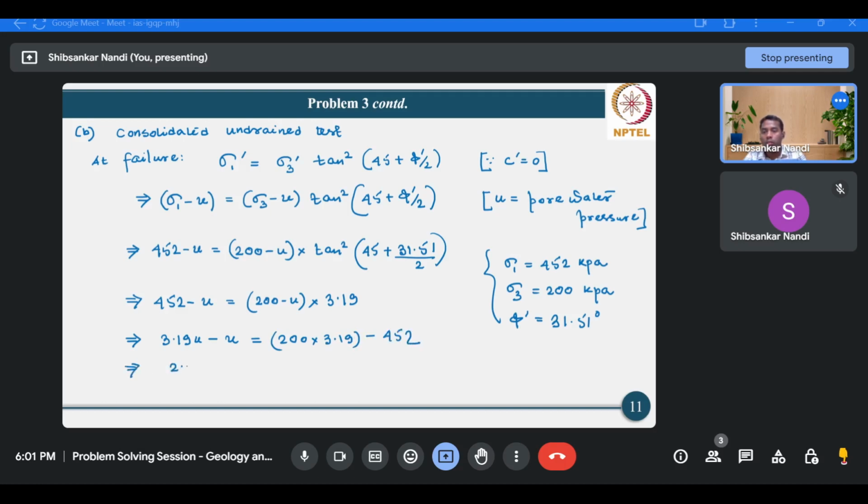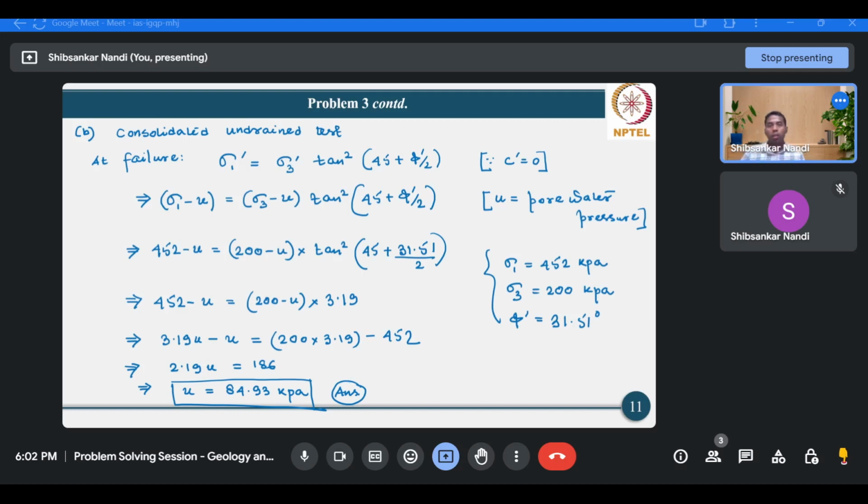So u equals 84.93. So this is the answer.